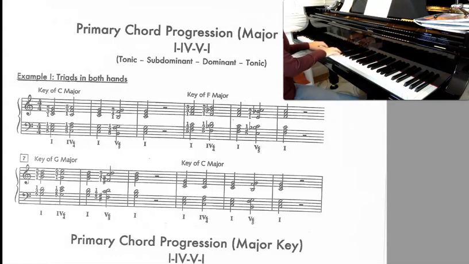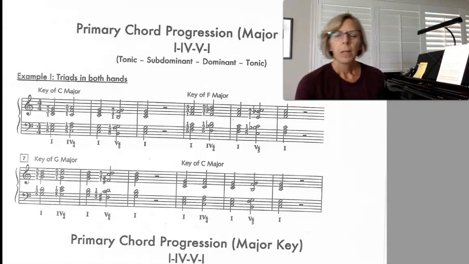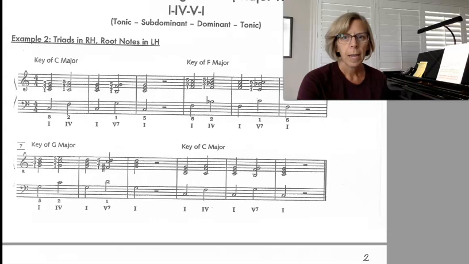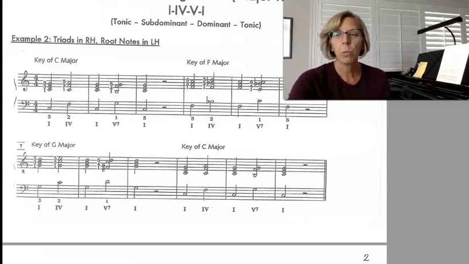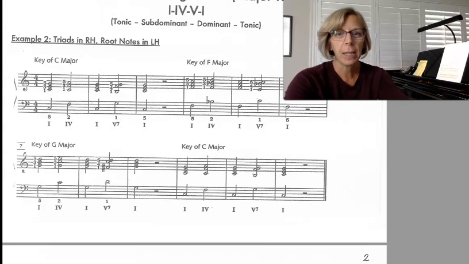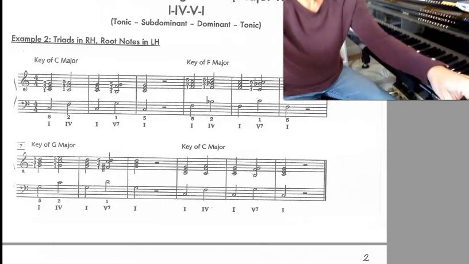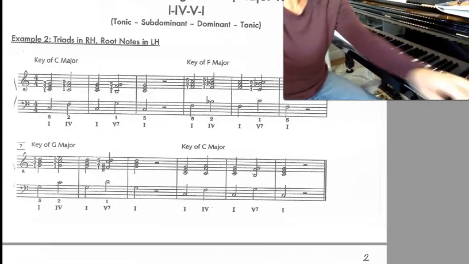Okay, the last part of this example just takes you back through the C progression. Example 2 on this page is the same progression, and the right hand is played the same way, but in this example we're going to play just the root notes in the left hand, so just the C, F, or G when it's in the key of C. And this is just another style of playing, and we'll talk about why in a minute.